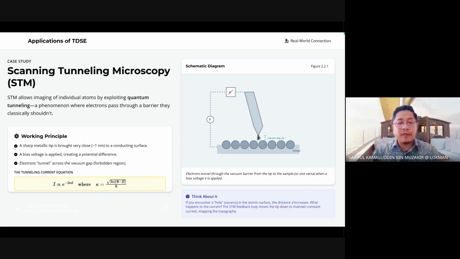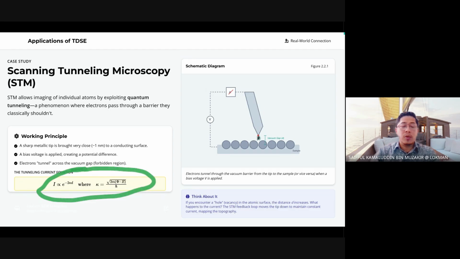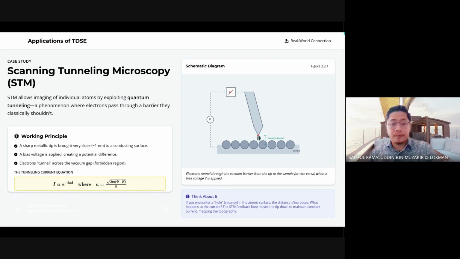If certain values are given, you can calculate kappa, and if d is given, you can calculate the current. Remember, these two equations are superbly important. Later we'll solve certain problems using them, and the equations will be given during the test.